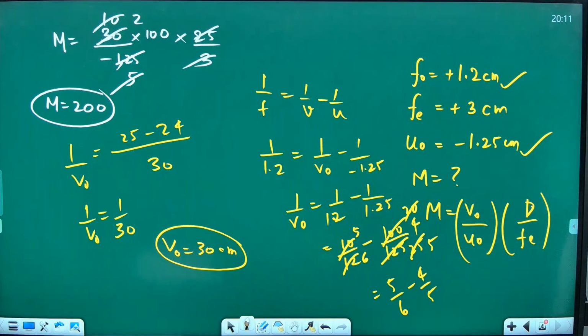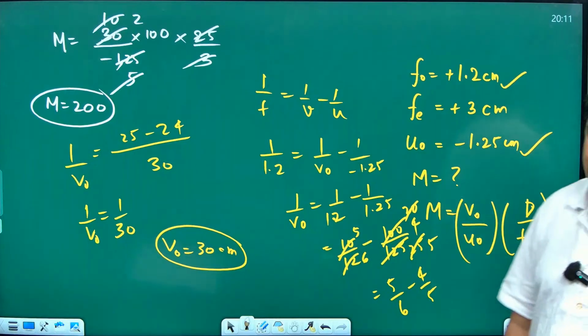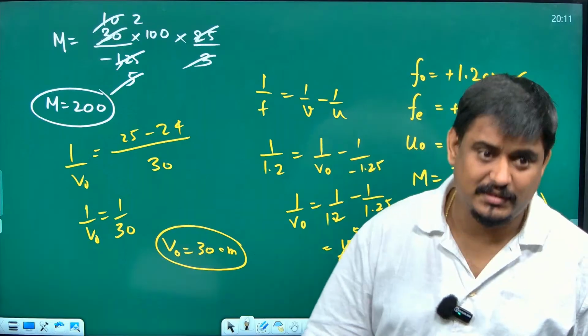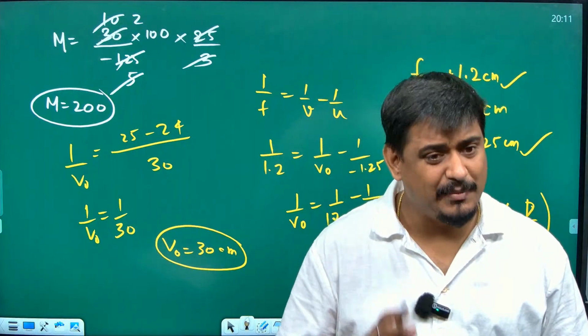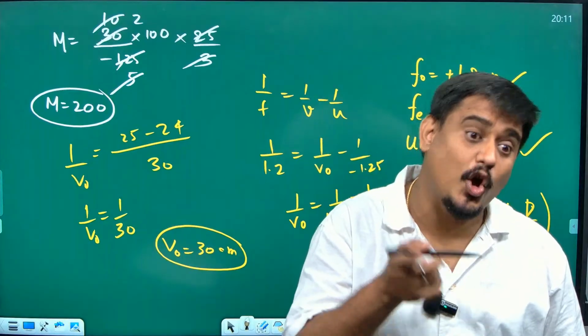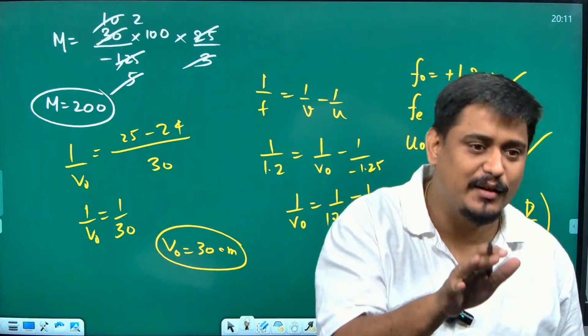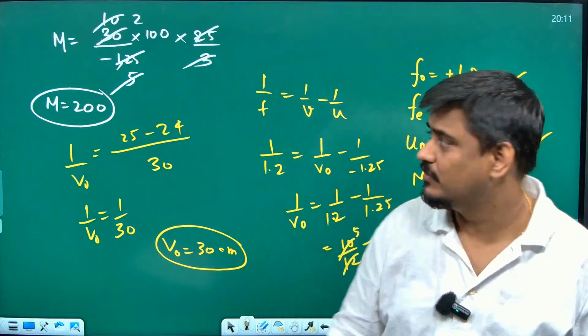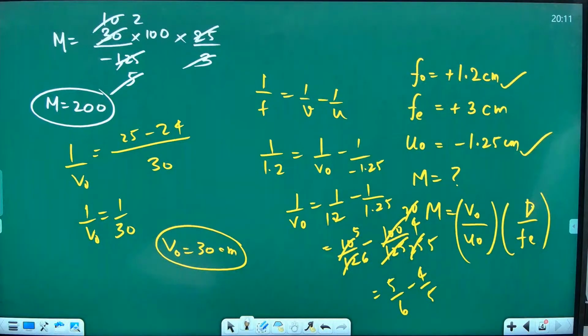Final image is that? Yes. It is like when the final image forms at infinity, it means the image formed by the objective will be somewhere near F. We got VO as 30, you are saying VO or VE, we should think, no man.